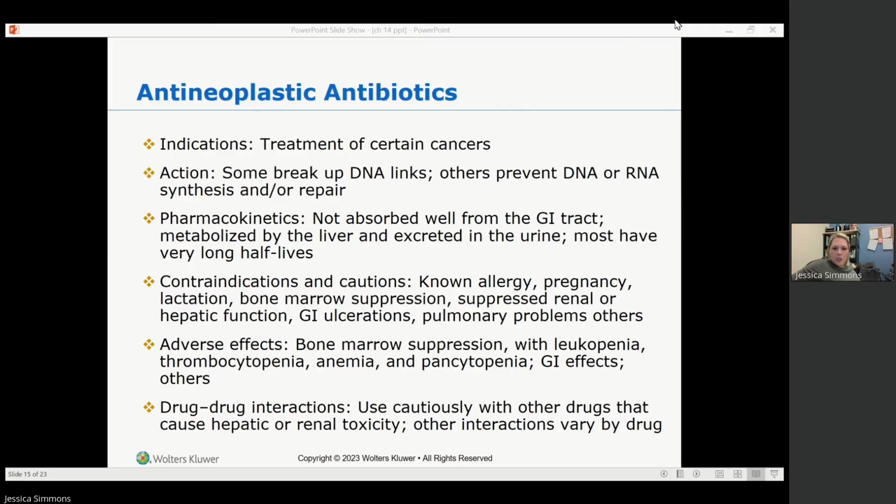Contraindications and cautions: known allergy, pregnancy, lactation, bone marrow suppression, suppressed renal or hepatic function, very important. Adverse effects: bone marrow suppression, leukopenia, thrombocytopenia, anemia, pancytopenia. What is pancytopenia? Pan means many, so that means you have a low amount of like all of your cells, okay? Red, white, platelets, everything.